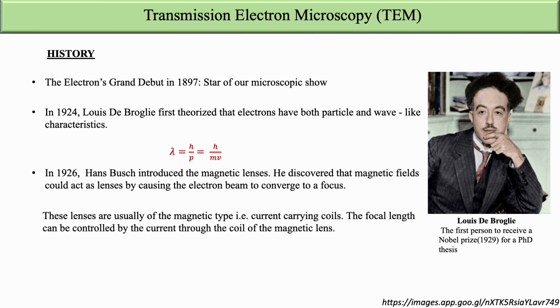So it was thought that electrons could be used to image objects at much higher resolution than optical microscopy. But the problem was how to converge this beam of electrons to a focus.